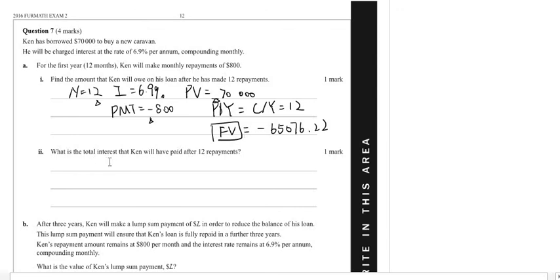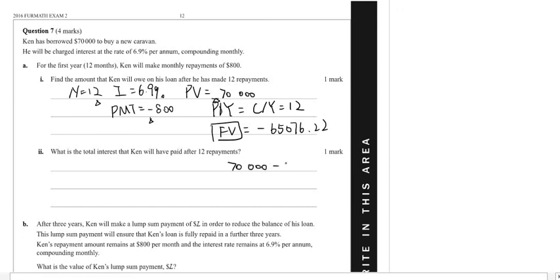So next, what is the total interest that Ken will have paid after 12 repayments? So from the first part, we find out how much that he's still owing. So we can find out how much he has paid off.